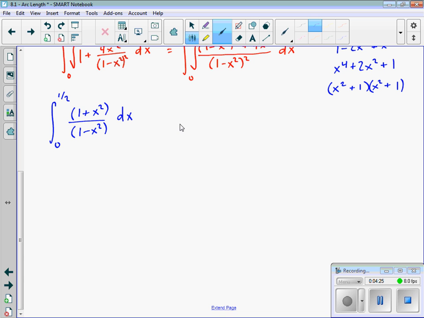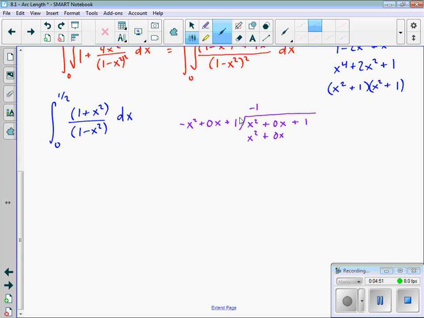So I'm going to write this in descending order to do my long division. So negative x squared plus 0x plus 1 is going into positive x squared plus 0x plus 1. So what would I need to multiply that by? Negative 1. So then that turns into positive x squared. The 0x's are in both spots, so it doesn't matter.